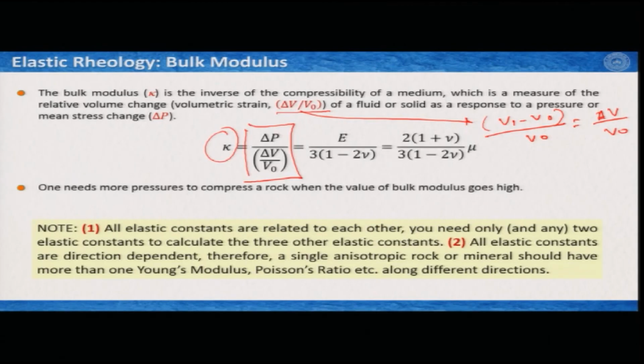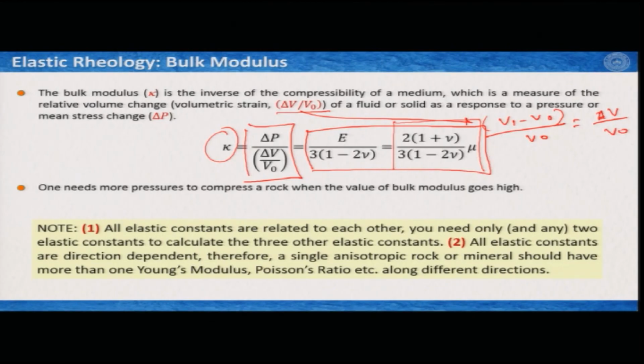This is your pressure change and this is your volume change, and then with some calculations and relationships you can figure out that you can express your kappa in terms of shear modulus, Poisson's ratio and Young's modulus. And this equation says that you need more pressure to compress a rock when the value of the bulk modulus goes high.